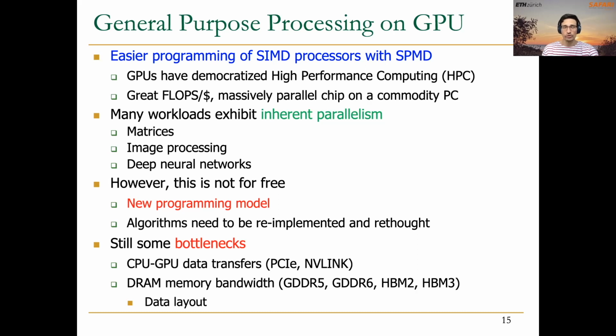Over the course of this course, we will talk about data transfers between CPU and GPU. Even though PCI Express bus or NVLink have improved the bandwidth of communication between CPU and GPU over time, that is still far from the DRAM memory bandwidth, the bandwidth to the external off-chip global memory.